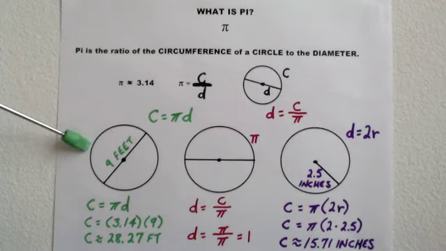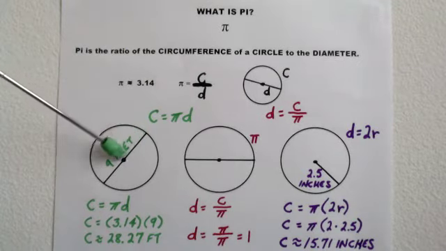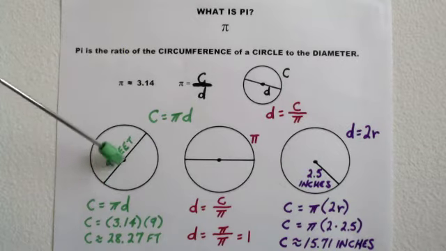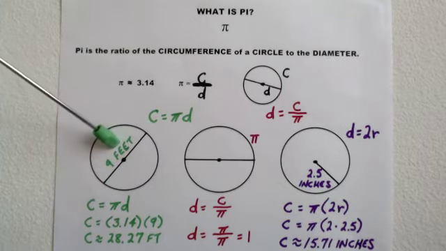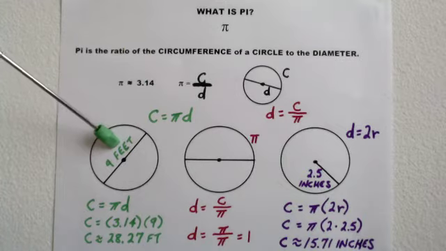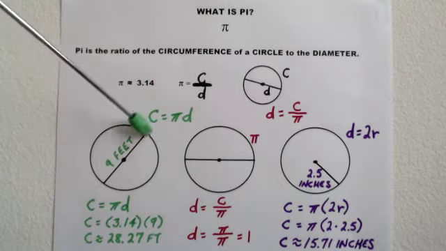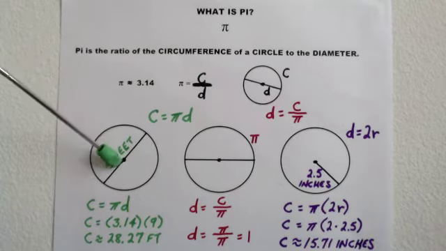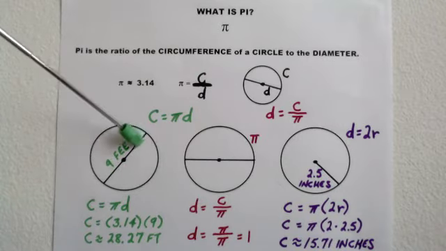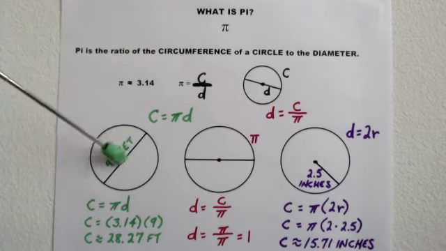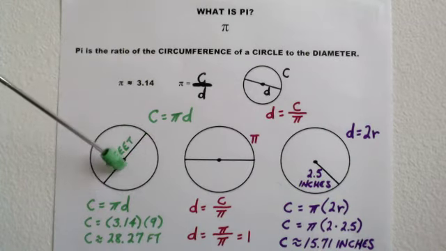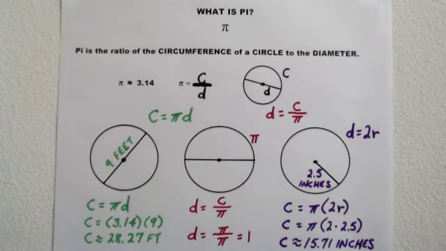In this first example, we have a line going across the circle through the center, and it's 9 feet. So the only thing we don't know is the circumference of the circle. We know the radius is half of the diameter. So the diameter is 9 feet. Half of 9 is 4.5, so we know the radius is 4.5.